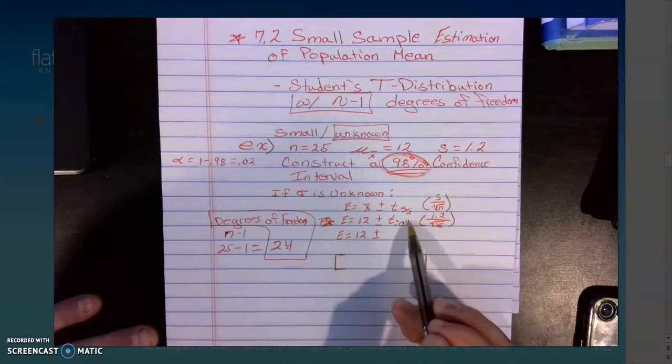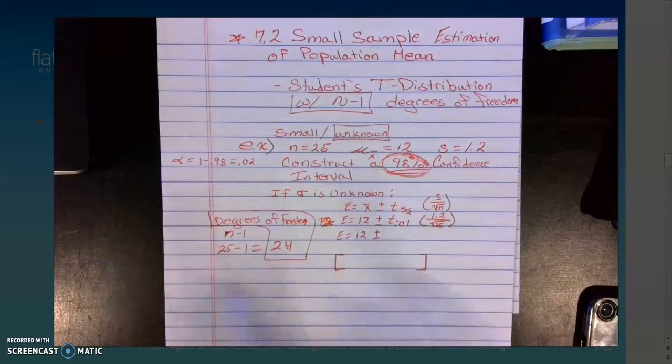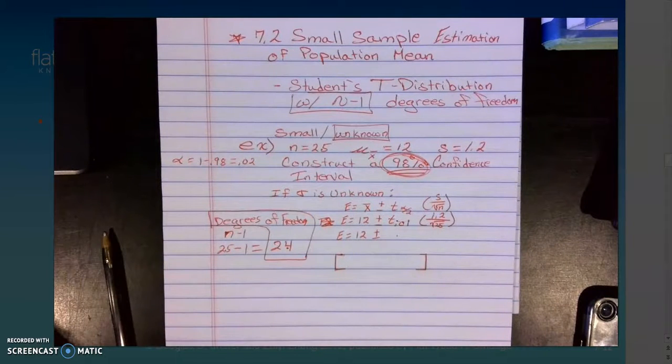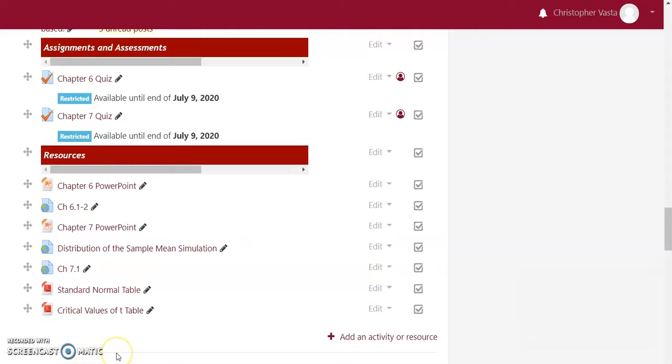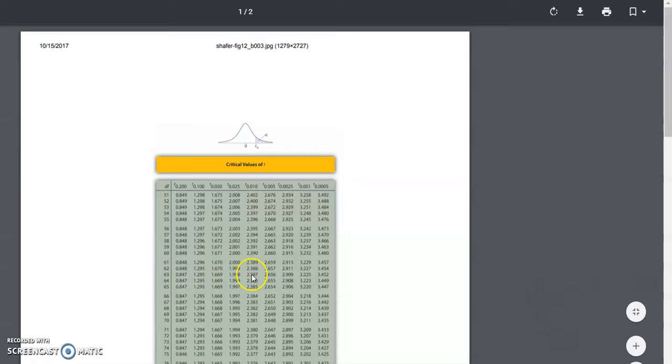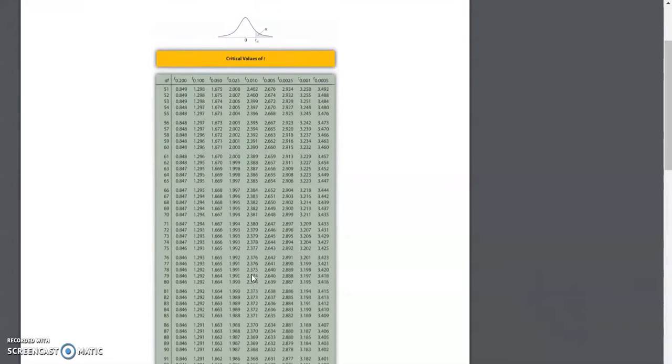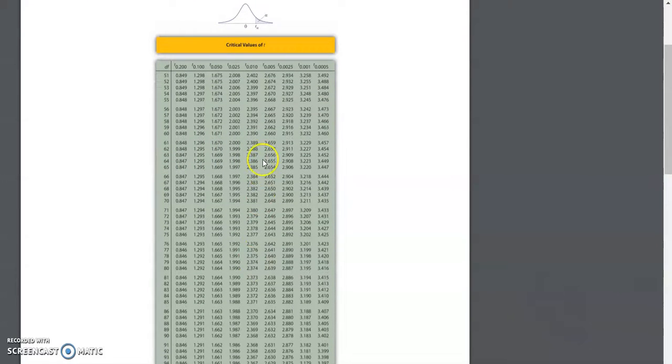We're going to take this along with this piece, and bring it to our t-table to figure out what this value is. In the same place on my course where we found our standard normal table, we're now going to use our critical values of t table. If I click this PDF, what comes up is a critical values of t table. The way that we read this one is slightly different than the standard normal table. We find our sub-value of t, which is 0.010 here, and then along the left we look for our degrees of freedom.